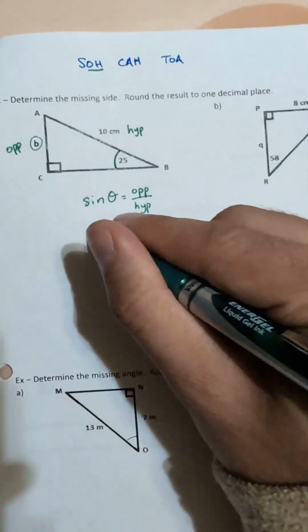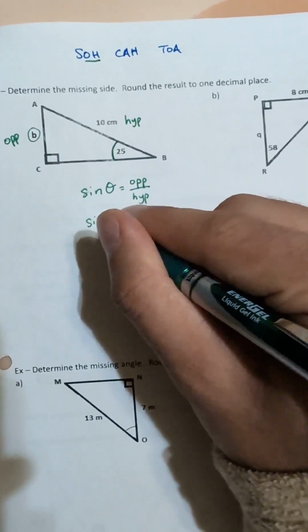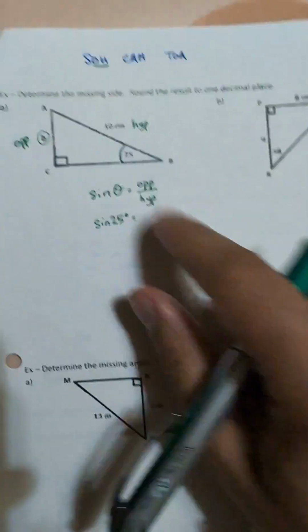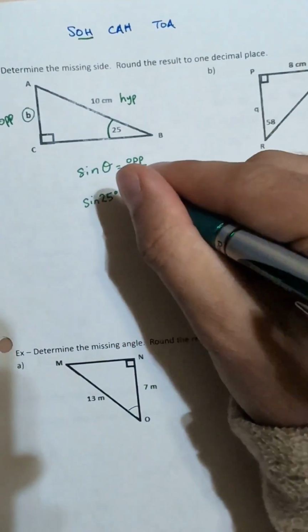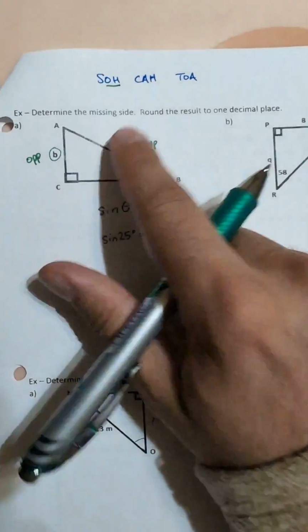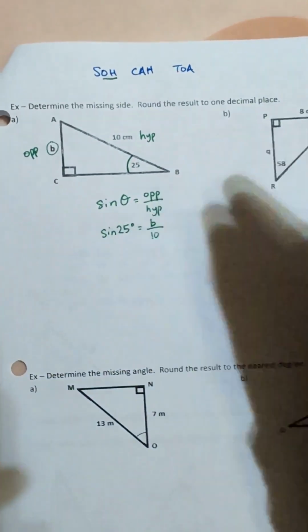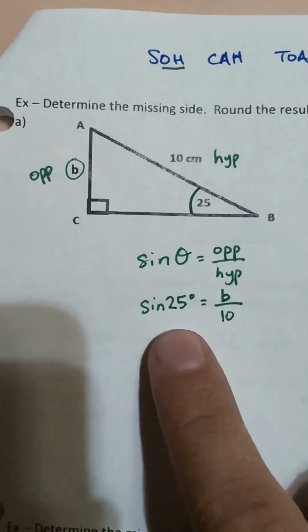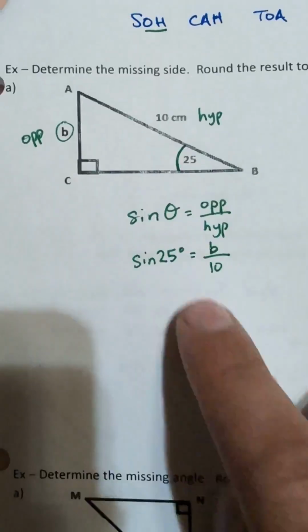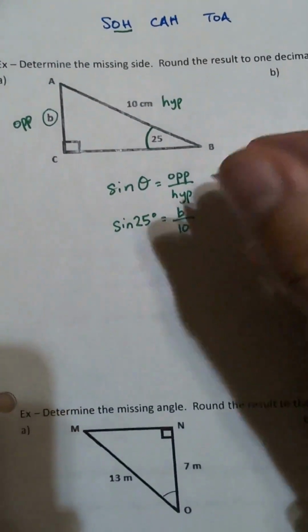And so I can sub in things that I know. We know this angle was 25 degrees. The opposite side we're just calling B. And my hypotenuse was 10. And that gives me an equation for B. Everything else is numbers, so I can try to isolate B here.